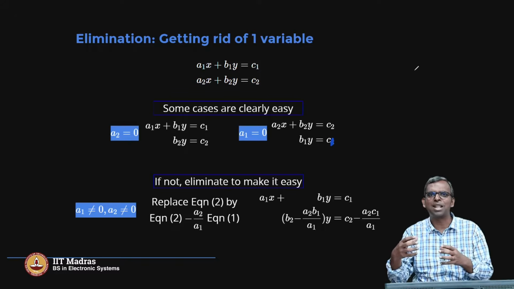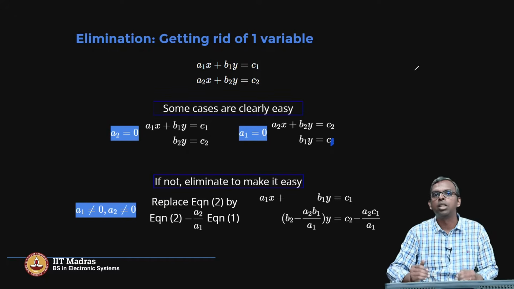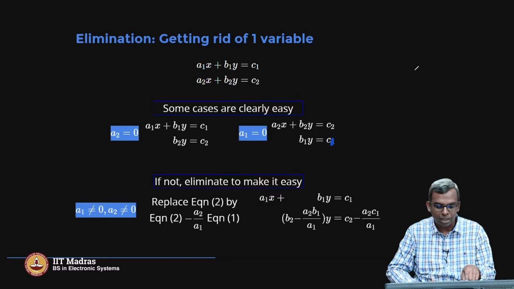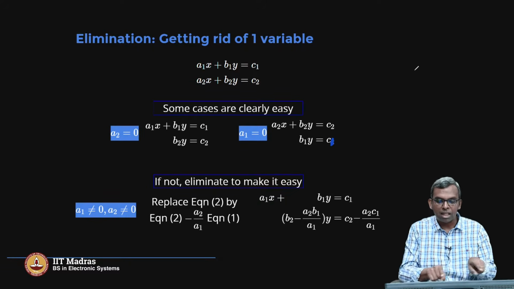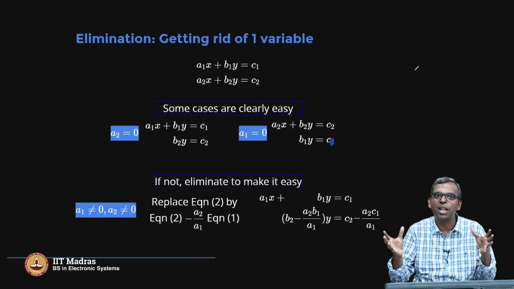So the idea once again is to take a general problem, break it down into a problem that you already know using some logical step. And notice this elimination step is very logical. See, if equation 1 is satisfied and equation 2 is satisfied, any combination like this is also satisfied. It's a valid equation. It's not a wrong equation, right.